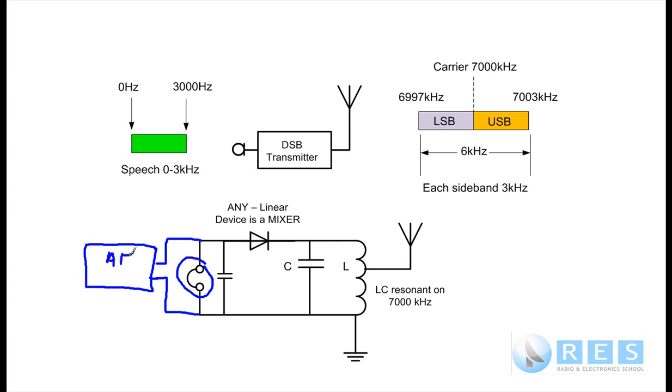Such a radio receiver is not very selective. That's an audio frequency amp, and we could connect that to a loudspeaker, and we could hear the radio station. And that's a very simple circuit, or you can buy a little kit.